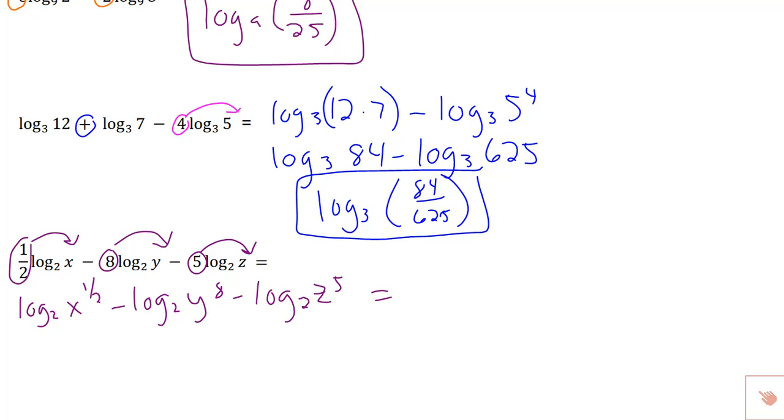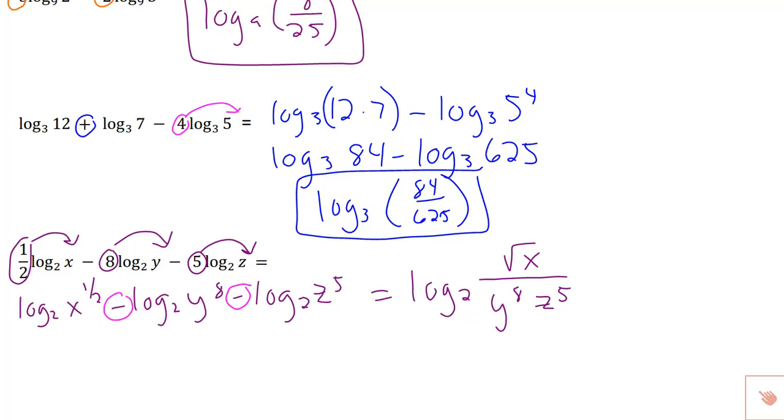From our exponent rules, we know that when something is written to the 1/2 power, that's the same thing as square root of x. From our log rules, we know that anything that has a subtraction is written down in the denominator of a division. Because I have a subtract before this log and a subtract before this log, it's almost as if I distributed that negative across.